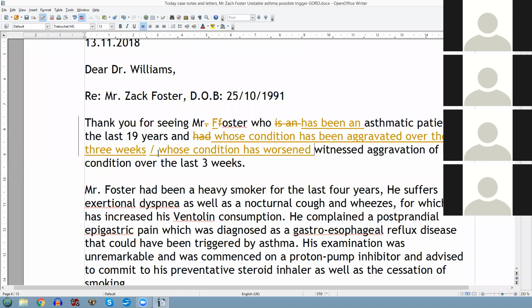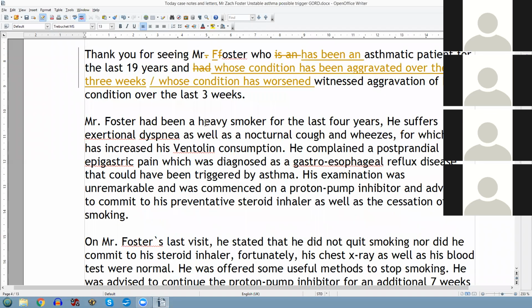That's good. Okay. Had been, right. Had been, past perfect, means that he stopped. He hasn't stopped. So why is it past perfect? Has been, present perfect, indefinite time. Has been a heavy smoker for the last 4 years.